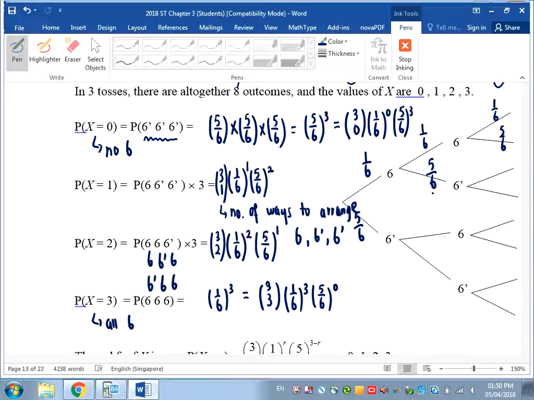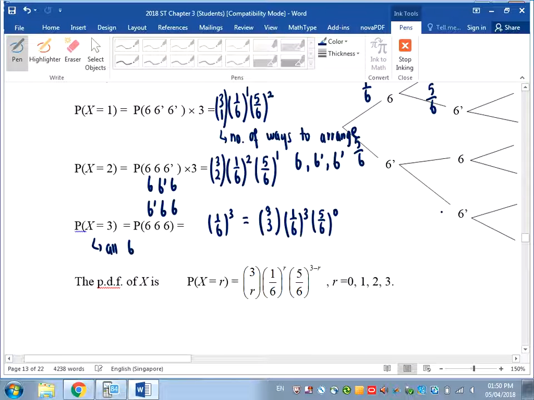The bottom, 3 choose something, will correspond to your x value. So when x is 1, it will be 3 choose 1, and so on and so forth. So when I try to write a formula, when x equals r, it will be 3 choose r. And notice the power of 1 over 6 is actually the same as your x value as well. So in this case, when x is r, 1 over 6 will be raised to the power r.